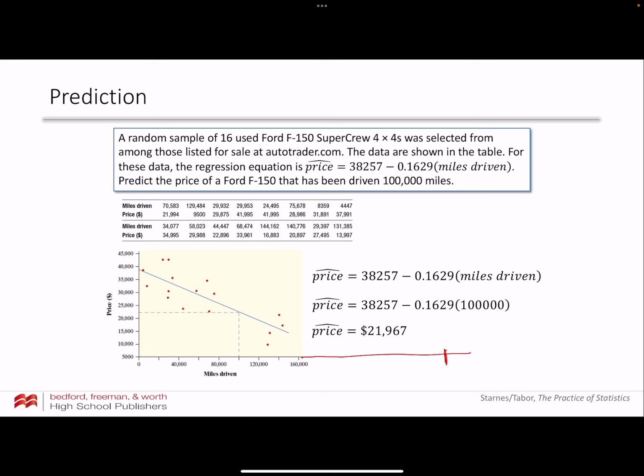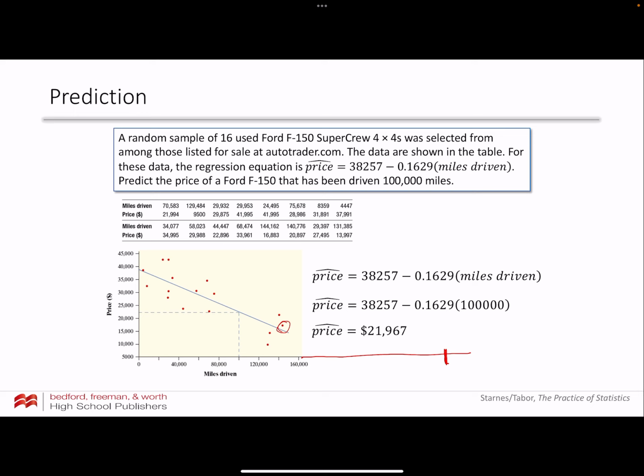That's like all the way out here somewhere, maybe. My data, the highest data point is maybe this one, the greatest number of miles driven, right? Is like 144,000 miles.